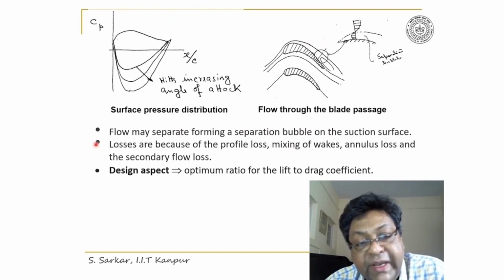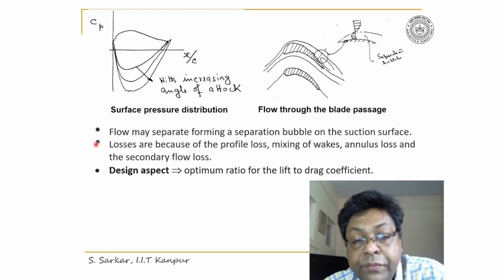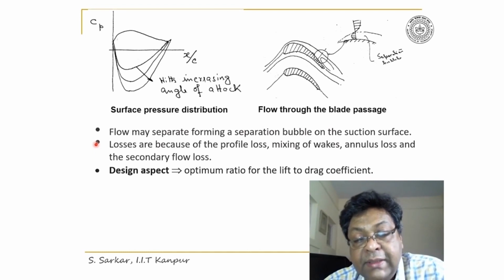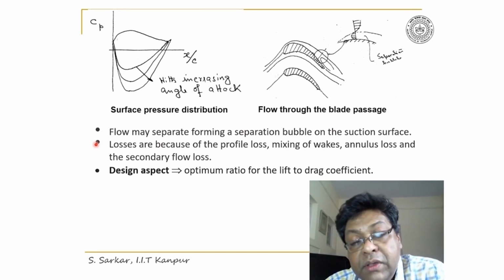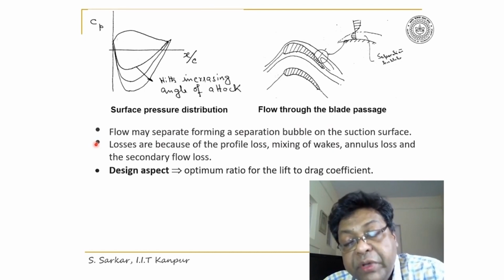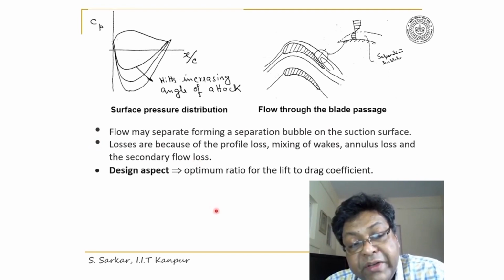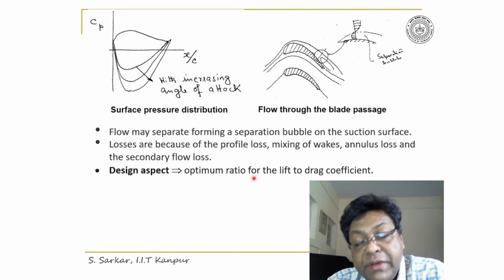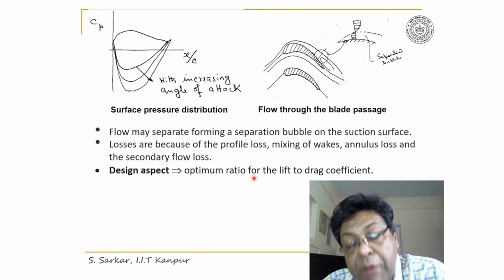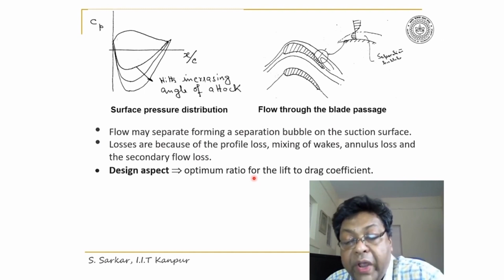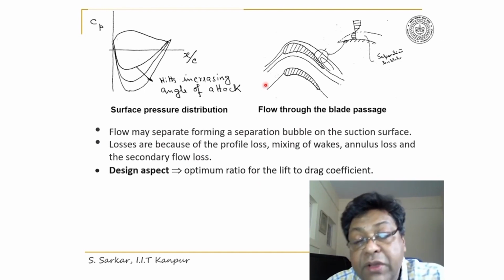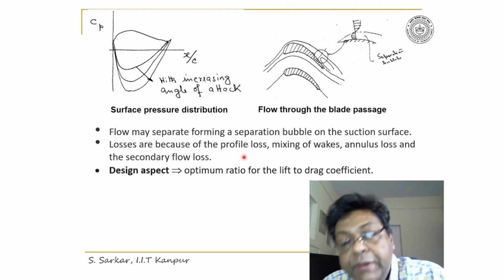I have also indicated here the losses. The combination of losses occurs because of the formation of the boundary layer on the blade surface, that's called the profile loss, plus the loss because of mixing of the wake behind the blade, that's called the mixing loss.